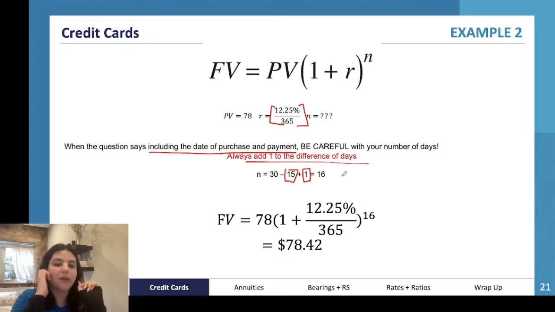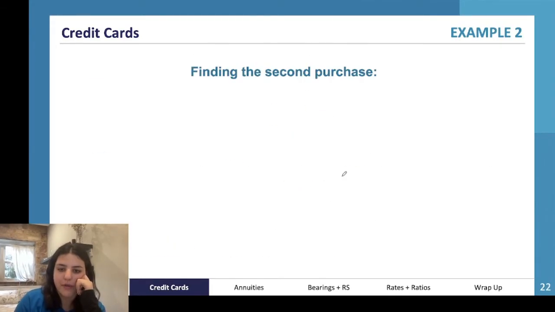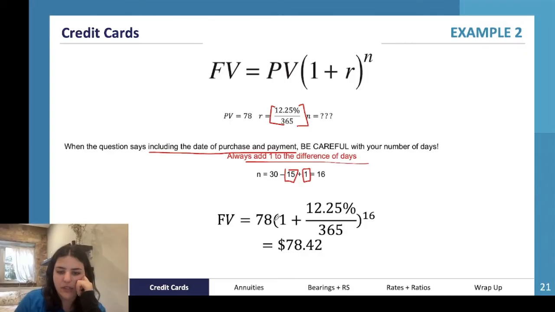That's 16 because you're including. If you include 20 to 25, that's 6 numbers, not 5. 20, 21, 22, 23, 24, 25. Not the difference, but the number of numbers. So we've got our payment here, $78, and then our interest rate and 16 days is $78.42 owing on that clothing item by the end of the month.